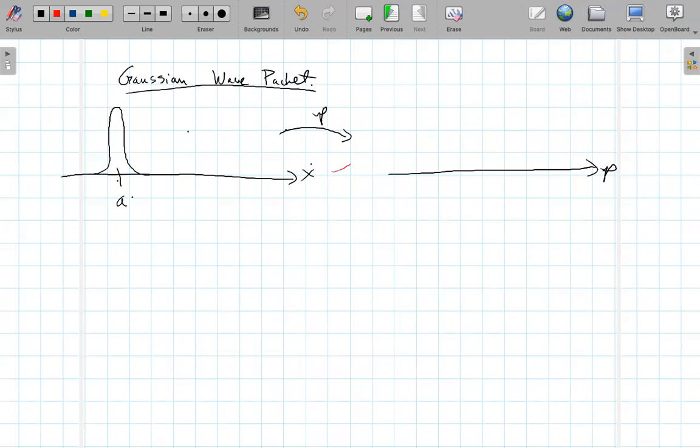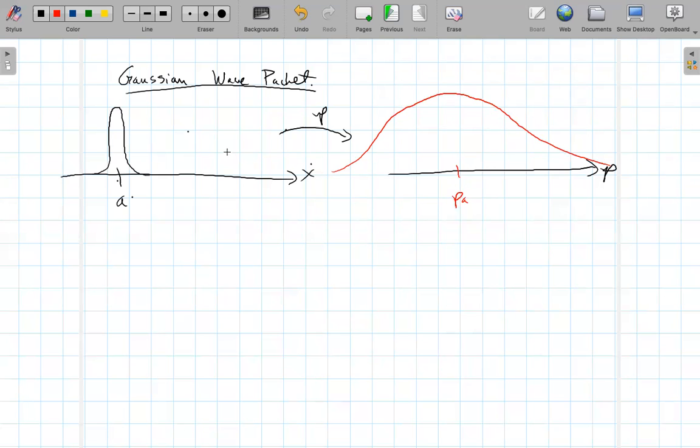So what'll happen in this case is I'll have something that looks more like this, where the corresponding momentum, let's say PA, is not localized in momentum at all.